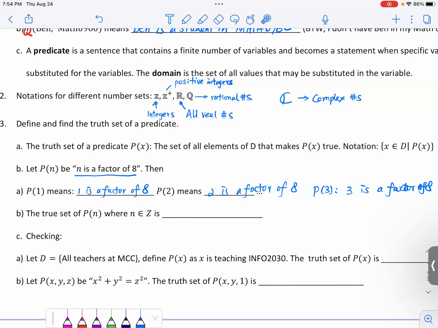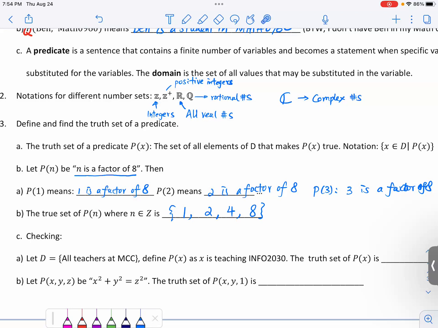So therefore, what's the truth set of this P(n)? We already know that 1 is a factor of 8, 2 is a factor of 8, 3 is not, 4 is a factor of 8, 8 is also a factor of 8. And some of you may ask, what about negative 1?